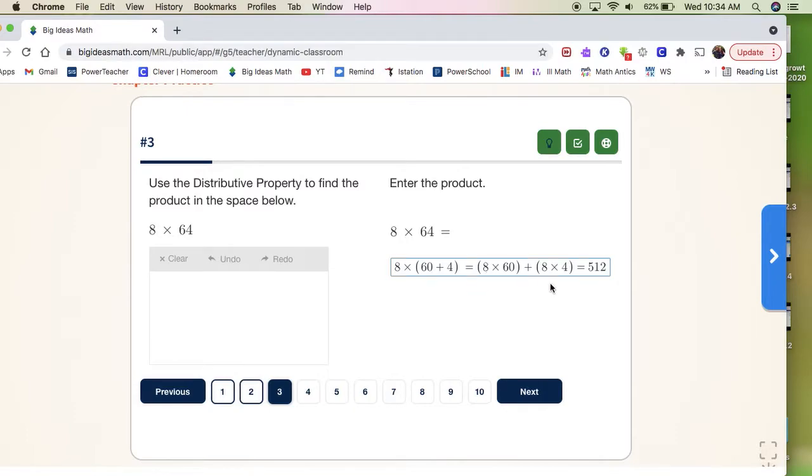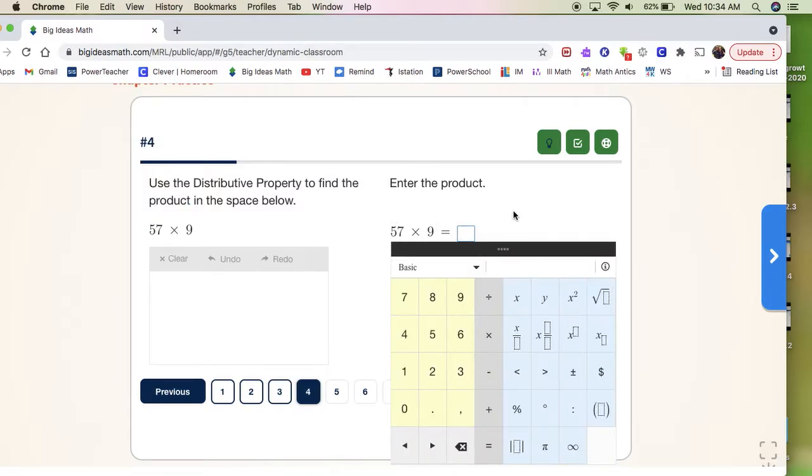Let's see if I can simplify this next one a little bit more. All right, so it's 57 times 9. And because of the commutative property, we can flip this around and say 9 times 57. So what I'm going to do is say 9 times 50 plus 9 times 7.